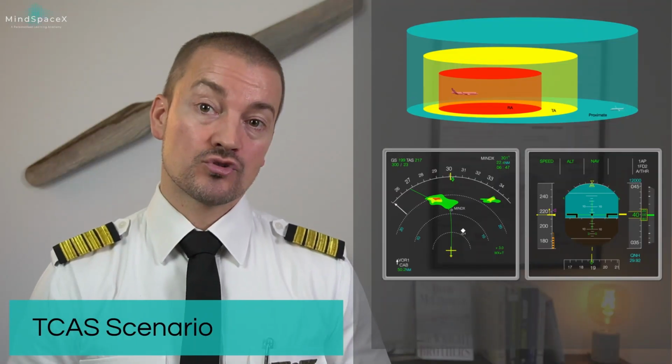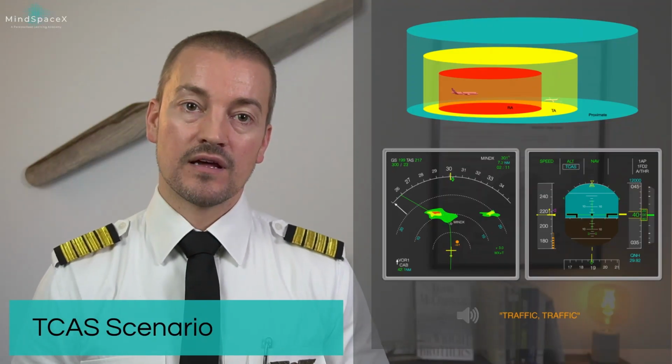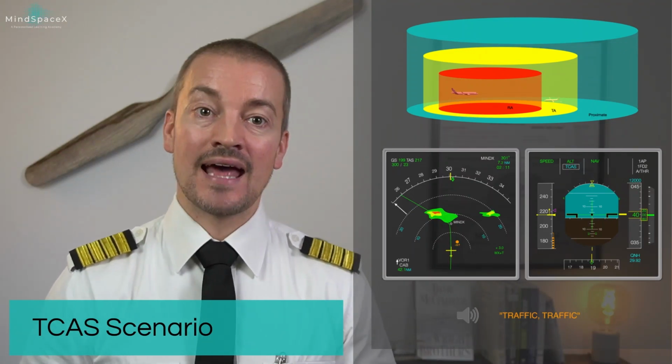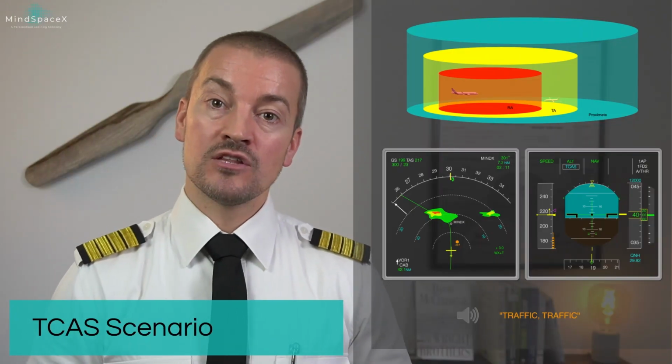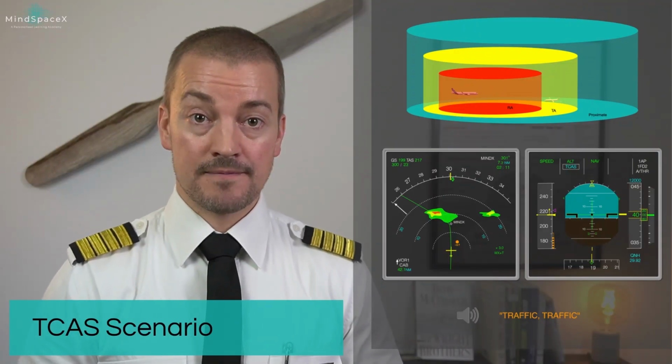As the traffic continues to approach us and our path, the TCAS is continuously calculating the CPA and TAU for that intruder, and it has now moved into our traffic advisory zone, the TA.